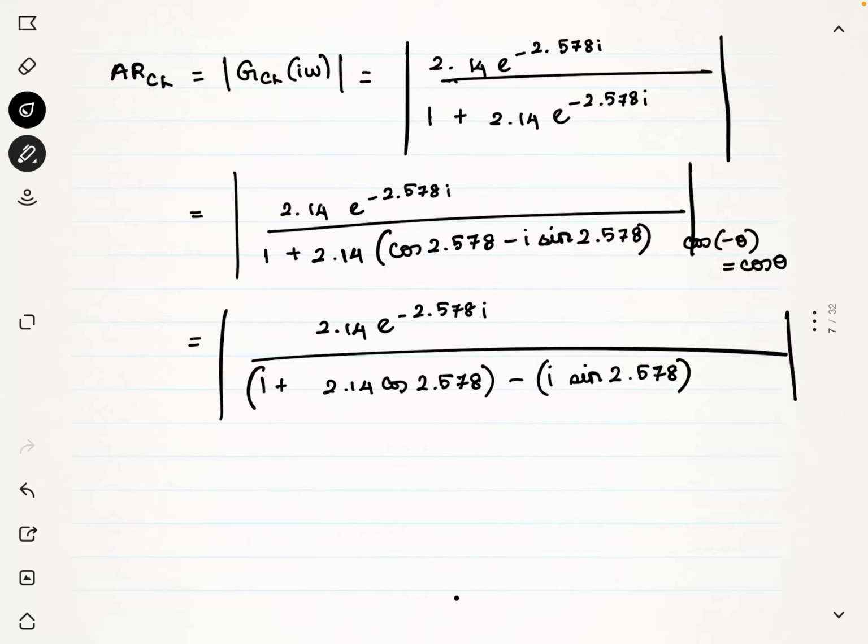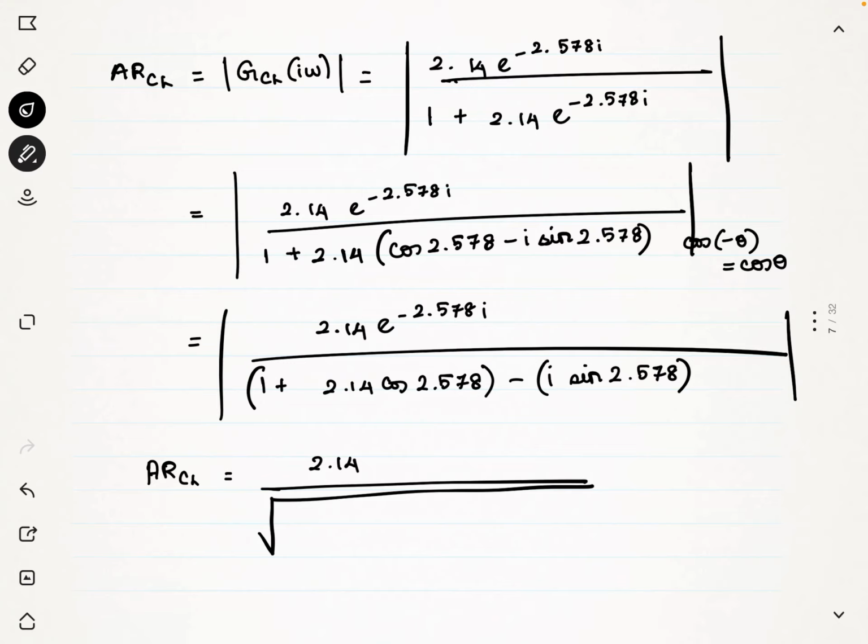So now we can compute the modulus, the absolute value, easily. So the amplitude ratio of the closed loop will be equal to 2.14, and then we know that the modulus of e power minus theta i will be equal to 1 again, so divided by the square root of a square plus b square.